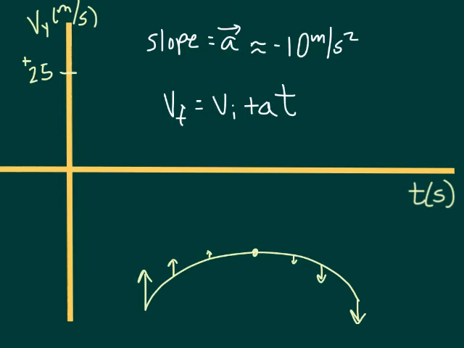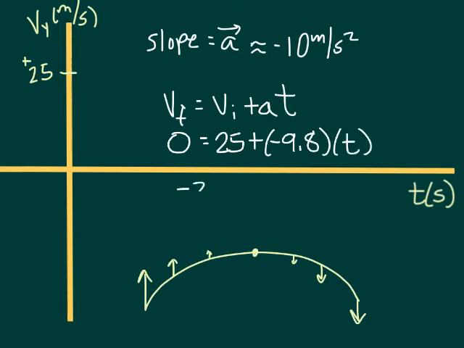So I'm going to plug in a 0 and then 25 for that initial vertical velocity plus, and I'll go ahead and put in the exact value that we use for gravity for our acceleration. And then the time is what we're going to be looking for. So I end up with negative 25 equals negative 9.8 t. And this lets me know that I'm going to reach that final velocity of 0 at the top of my path after a time of about 2.5 seconds.